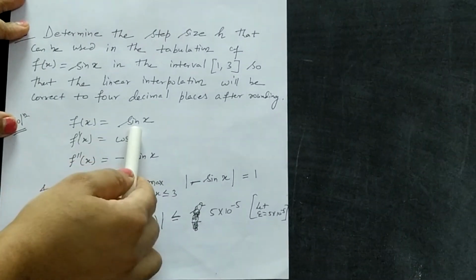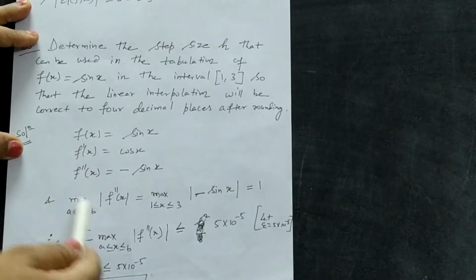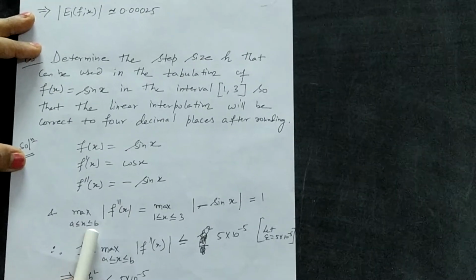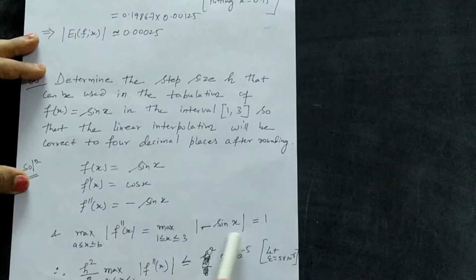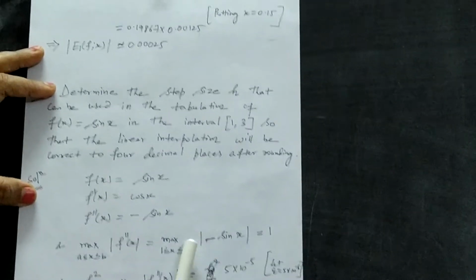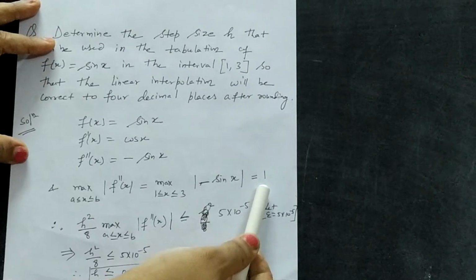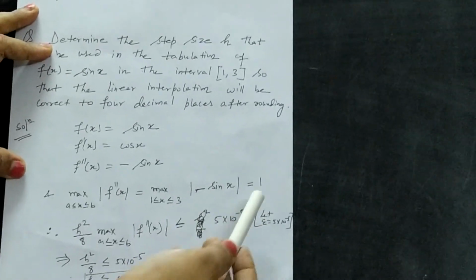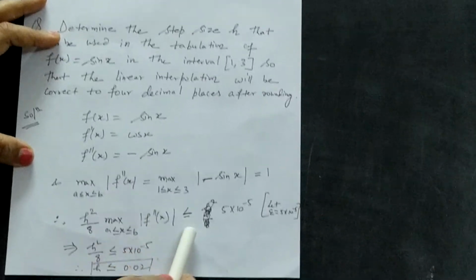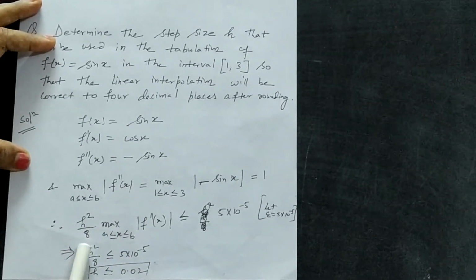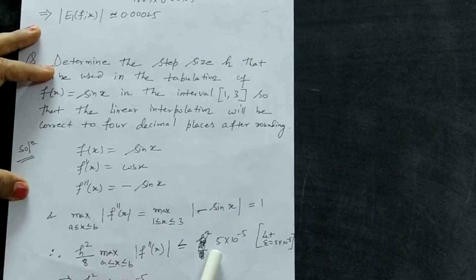Here f(x) equal to sin x, we find f dash, we find f double dash. The maximum of mod f double dash x for x between a and b: substituting f double dash x over here, this maximum value we are going to get as 1. The error bound formula that we are going to take is h square by 8, and this should be less or equal to epsilon.